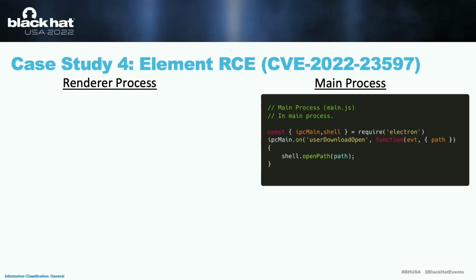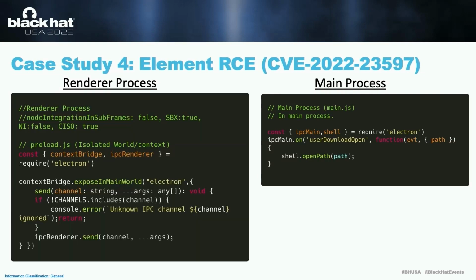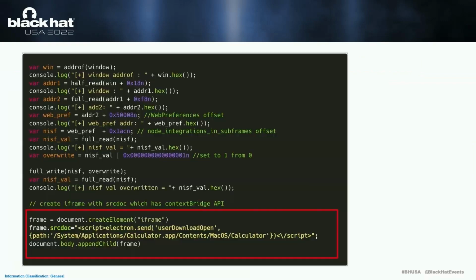Within the main process, the Element app defines an IPC known as user download open. This is used to open a path using shell.openPath, which is a dangerous sink in Node.js. And on the renderer process, it exposes electron.send as a way to proxy messages to the main process.